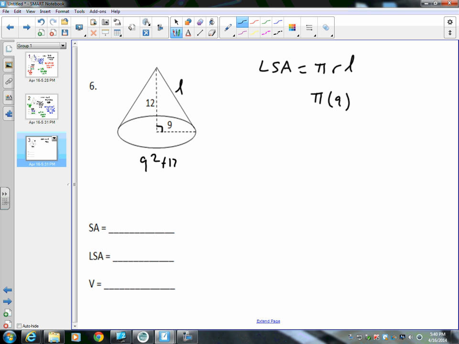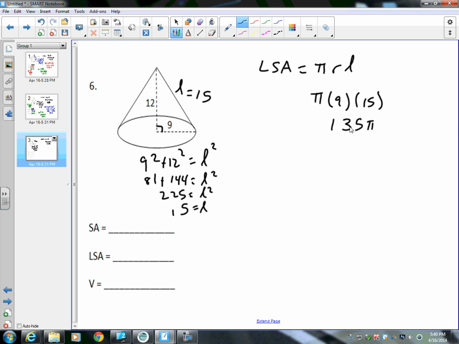So 9 squared plus 12 squared is equal to L squared. 9 squared is 81, 12 squared is 144. 81 plus 144 is 225. Square root of 225 to get L by itself is 15. So we know slant height is 15. Let's plug that in. 15 times 9 is 135. Tag along your pi, and this is in terms of pi.